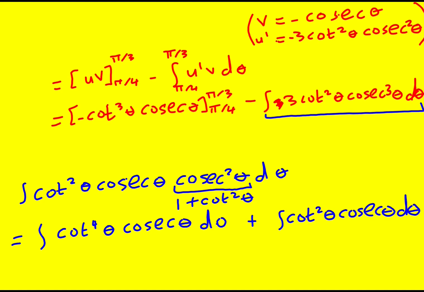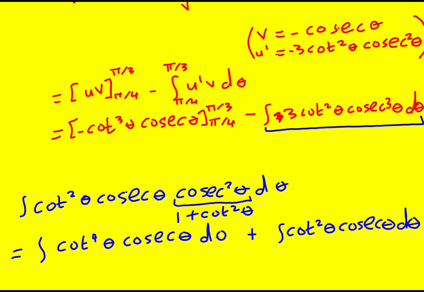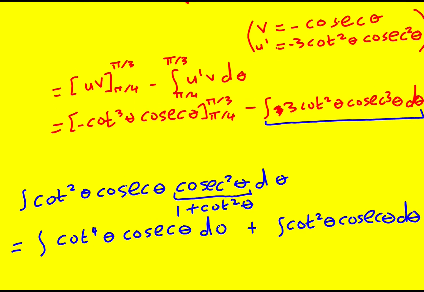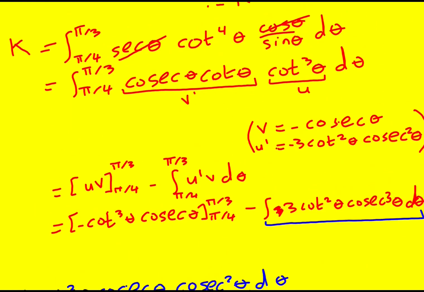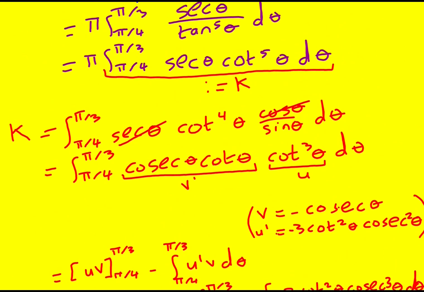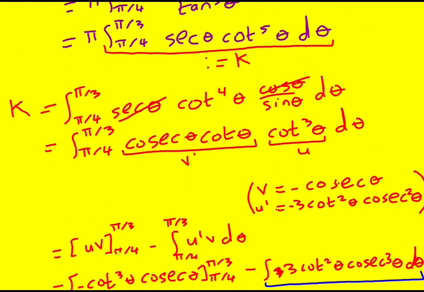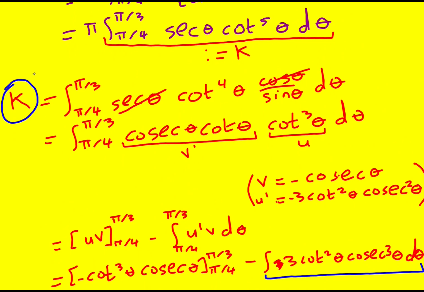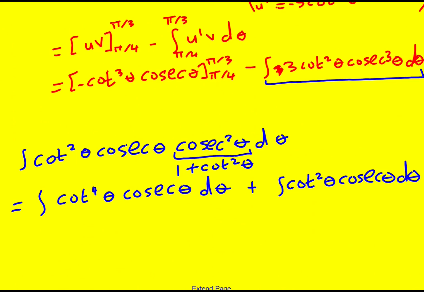Okay, this is actually in some ways looking more complicated, but in other ways, if you spot it, this is fantastic because we've got the integral of cot to the 4 cosec, and that is exactly what I defined K to be up here. This is just K.